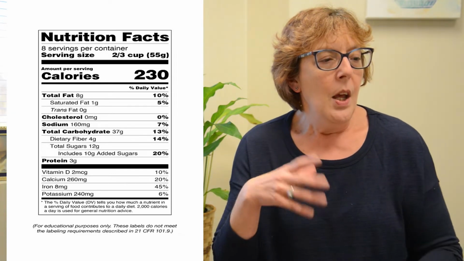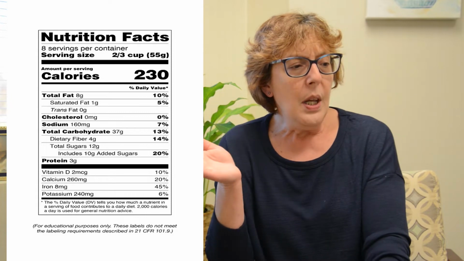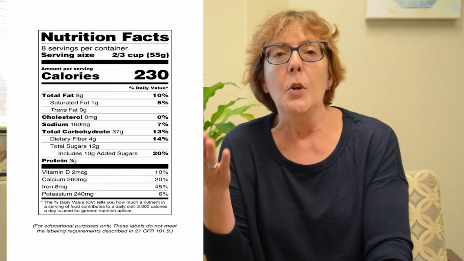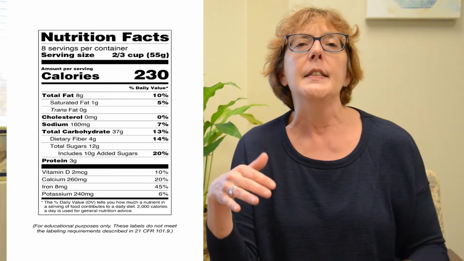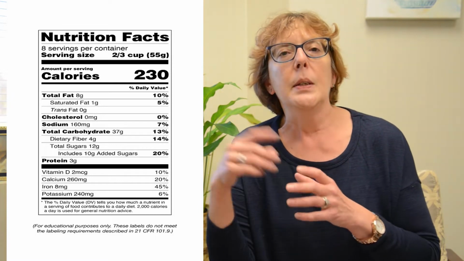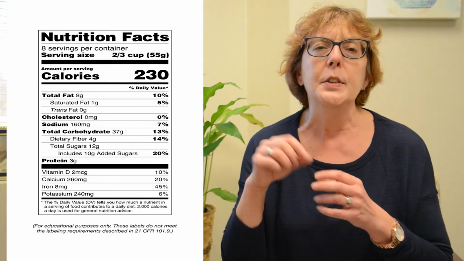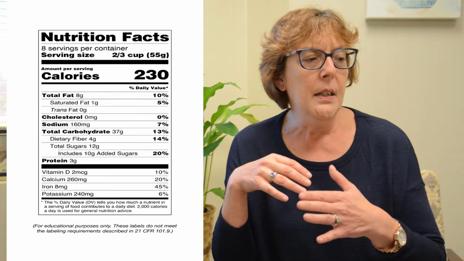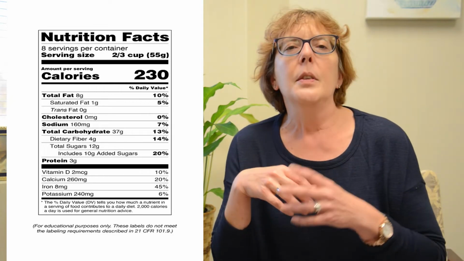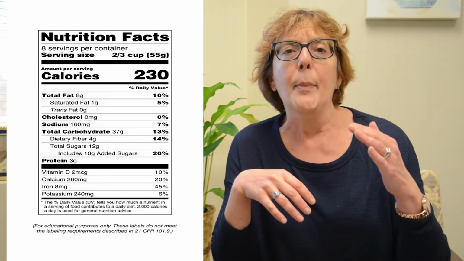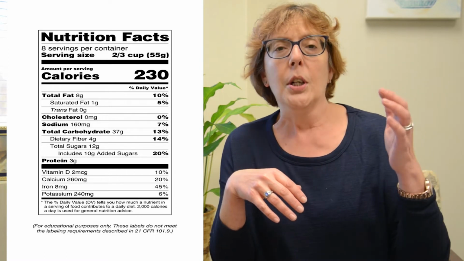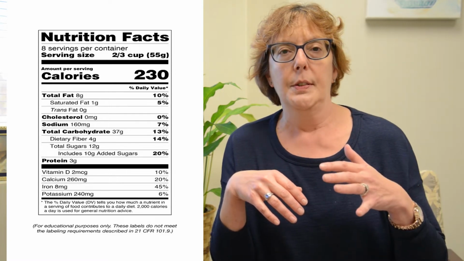Okay. So in diabetes, one of the most important parts on the food label is the total carbohydrates. You can see that that's in big, bold, black letters. And then underneath that, there are the categories of fiber, total sugars, and added sugars.